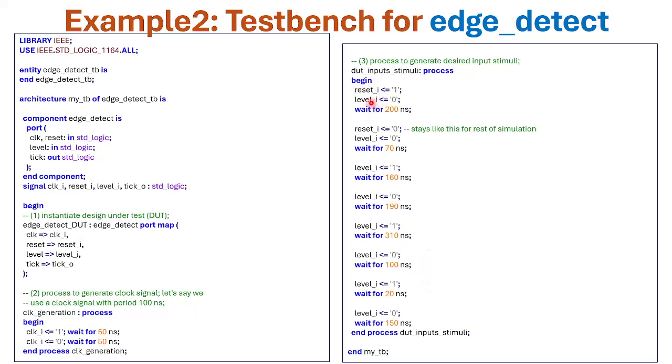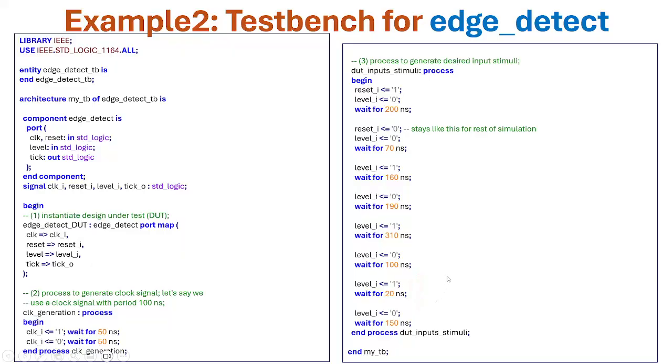So this is again a series of assignments of values to input stimuli, and then using the waveform viewer we will investigate and look at the outputs produced by this design under test.